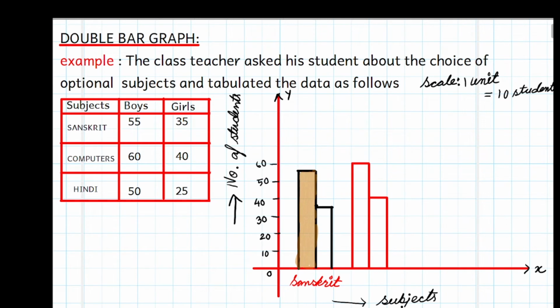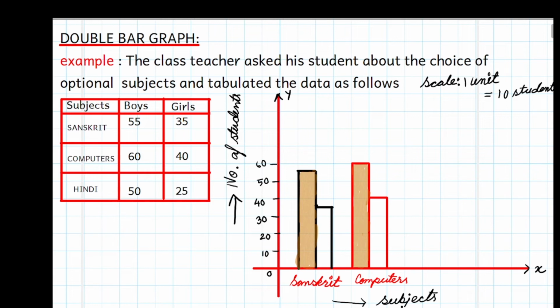Then again for the boys, I have to give yellow color. Next, this is for computers. So in a double bar graph, both the bars should be attached.